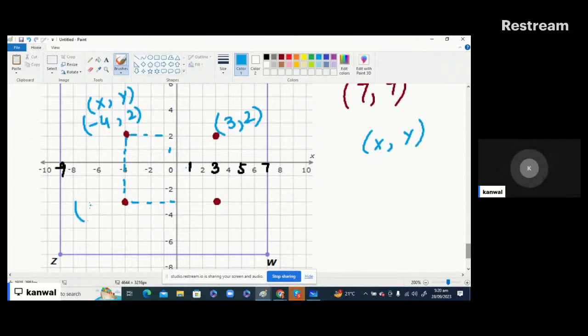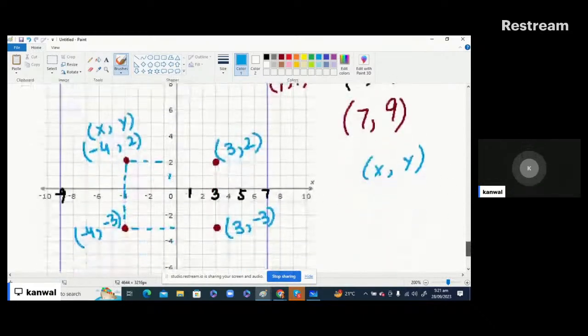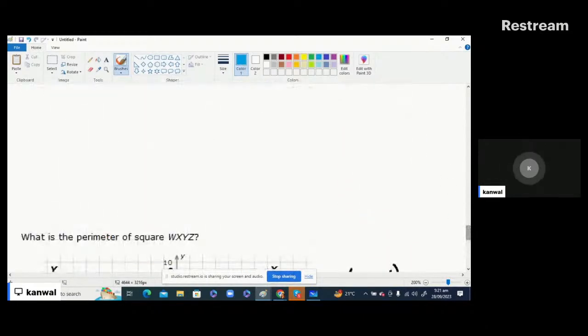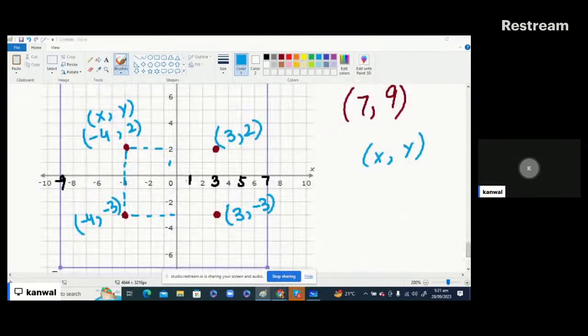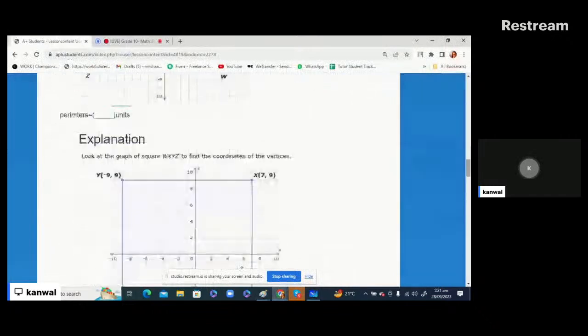This is again x minus 4, and here y is negative on this side, so always minus 3. Now for that, x is positive here, but y is negative, which is minus 3. So these are all the points. In this way we just need to find all the points on any coordinates. Okay, got it now?